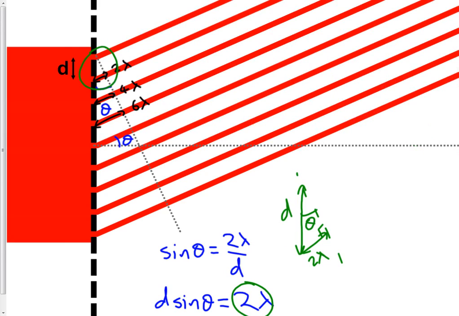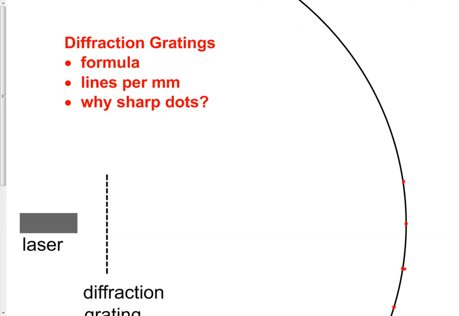Now this works both ways. So if I skip all the way back here, okay, now center of the screen is here. This is the 0 order fringe. This is the first order fringe, the first fringe off center, and so is this. They're both the first one off center on either side.